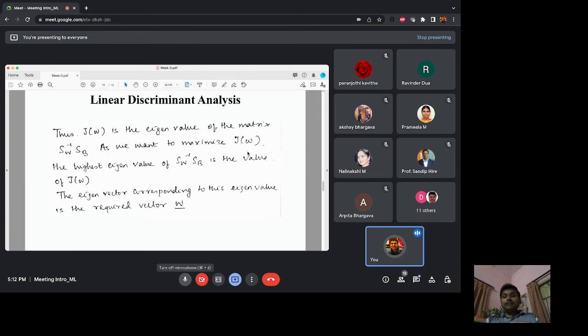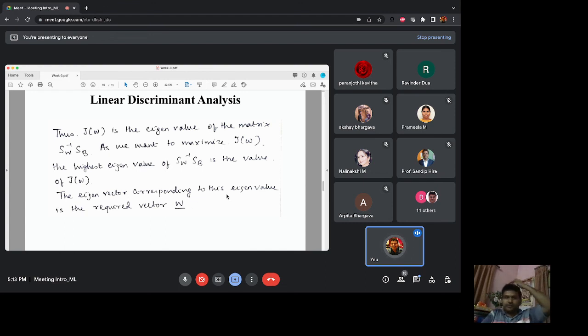The other important thing is SW inverse SB: computing the inverse of any matrix is very computationally inefficient, so we generally don't want to compute SW inverse SB. So these two things might be the reasons why it is not very popular, I guess.